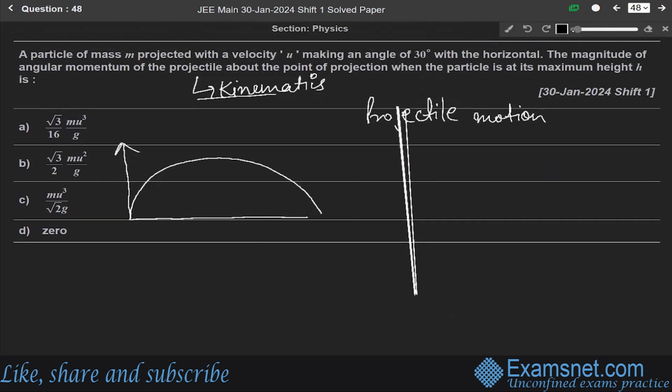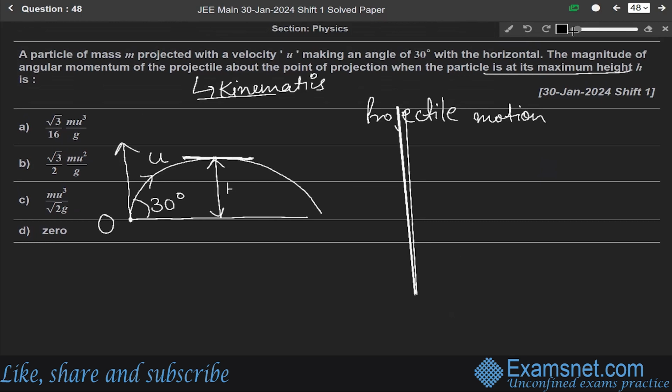According to the question, the initial velocity is u and the mass of the particle is m. It is making an angle of 30° with the horizontal. We have to find the angular momentum of the projectile about the point of projection when the particle is at its maximum height.